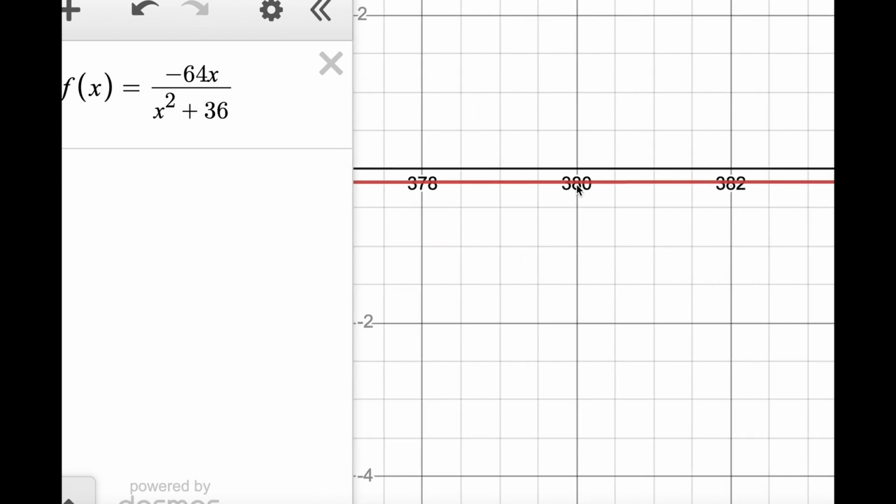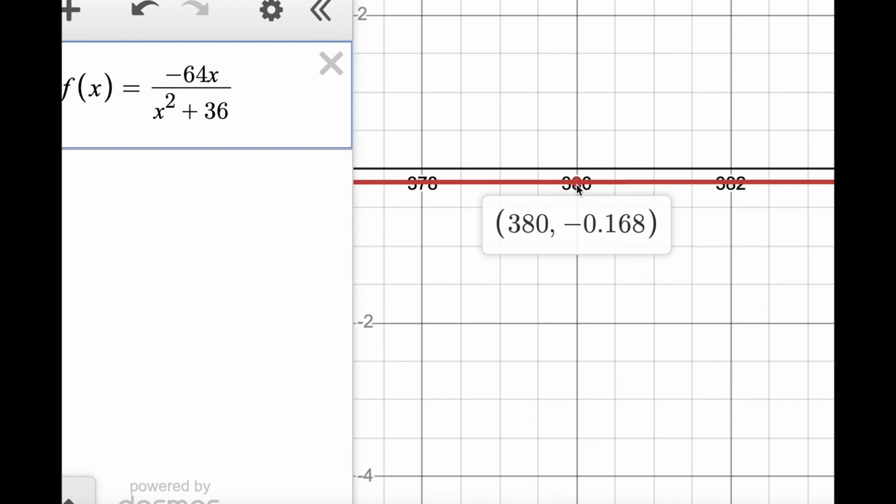Let's go to 380. At 380, the value is less negative than it was before. So really, the thing is still sloped up. In fact, this upward slope will never stop. The slope will get less steep, but it's still going to be an increasing slope.